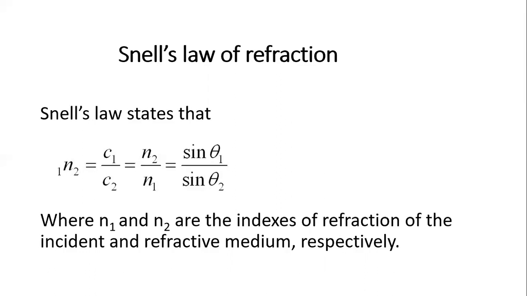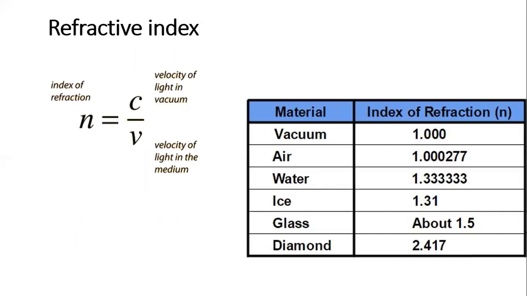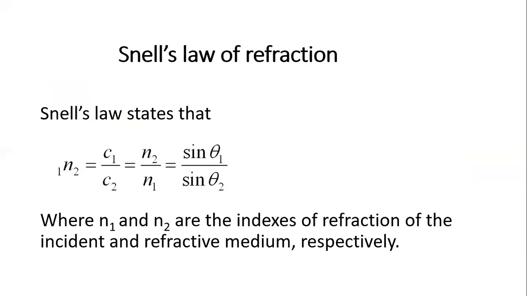Because the refractive index of air is almost 1, as you can see from the previous table, you can take it as 1 and then calculate the value of N2. To find the values of theta 1 and theta 2, you can do simple geometry. I will explain in the next slide, and then you can get the refractive index easily.